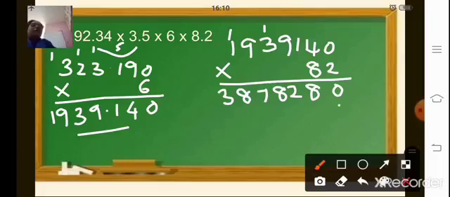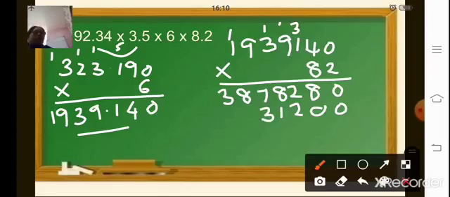Now the second number, 8 into 0 is 0, 8 fours are 32, 3 carry over, 8 ones are 8 plus 3, 11, so you will carry 1 here. 9 eights are 72 plus 1, that is 73.